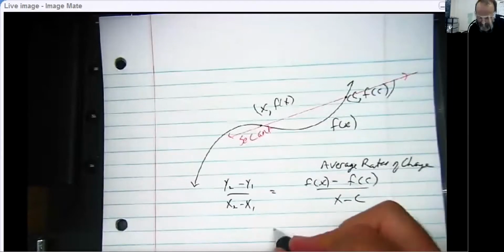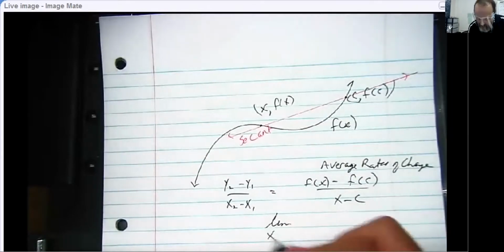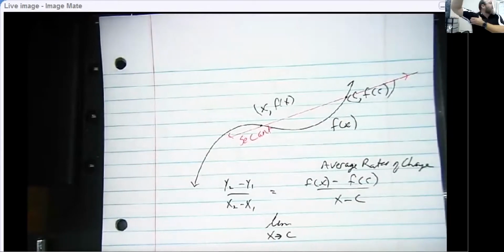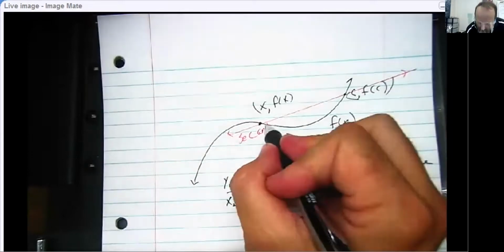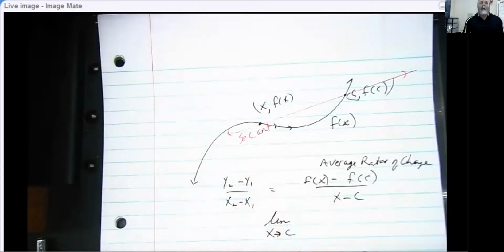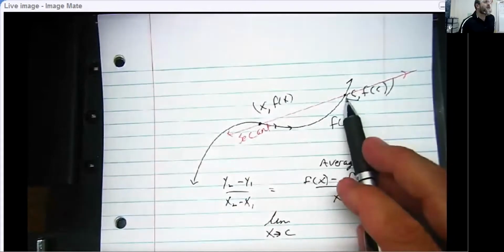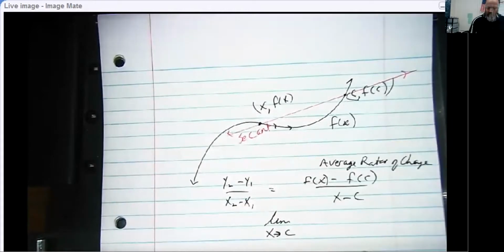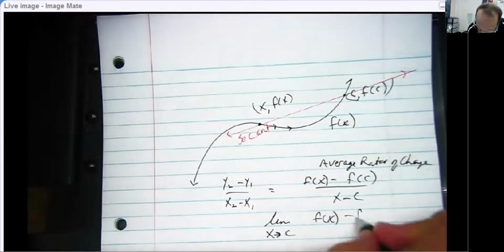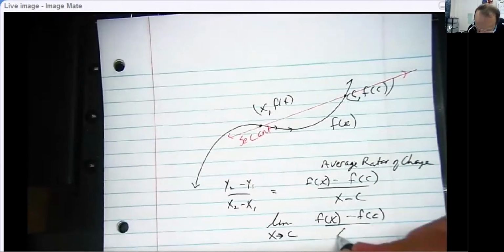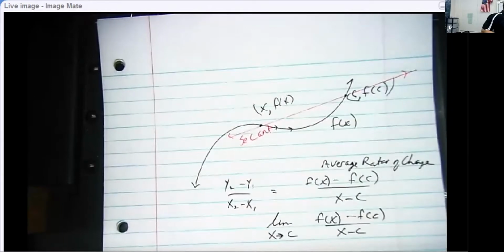But if we add a little bit of a notch to this and say the limit as x goes to c, what happens if I allow x, which is right here, to move? Imagine I animated the point and made c like a magnet and started dragging it this way until it got super close. When you add the limit, it is no longer an average rate of change. What did I do to the two points?